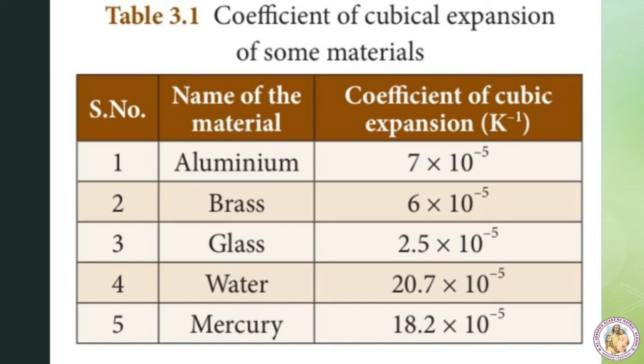Brass, 6 into 10 to the power minus 5. Glass, 2.5 into 10 to the power minus 5. Water, 20.57 into 10 to the power minus 5. And mercury, 18.2 into 10 to the power minus 5. These are the coefficients of expansion for some particular materials.